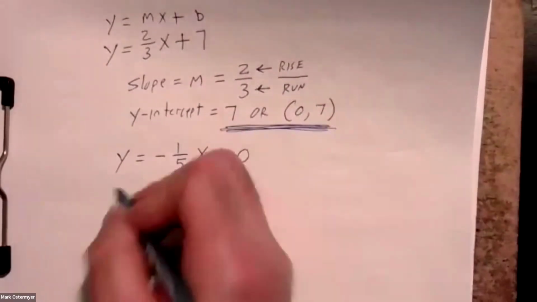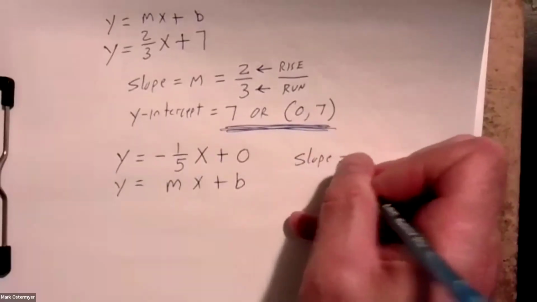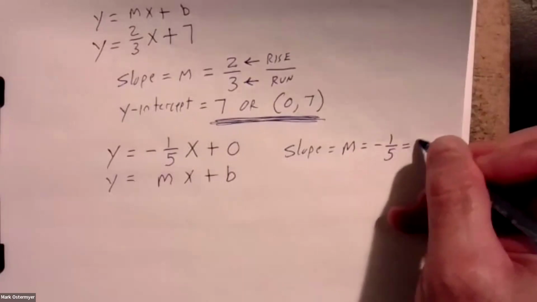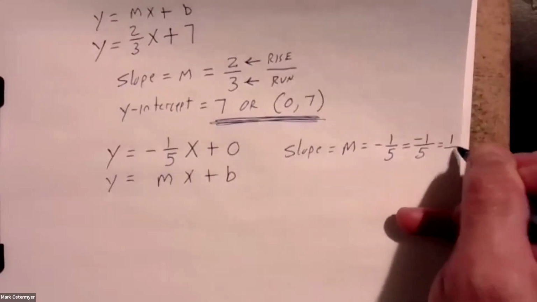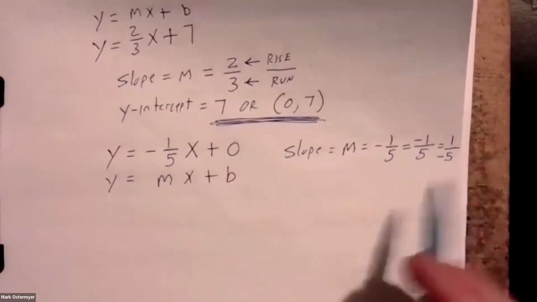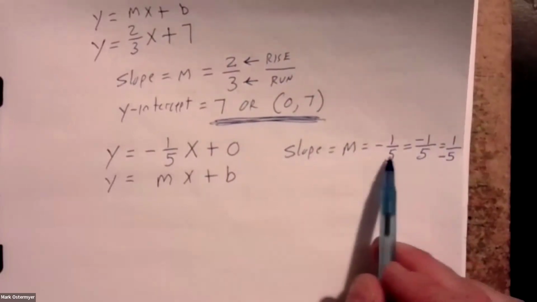Now is it in slope-intercept form? Yes, it is. What will be the slope of this line? -1/5. And do you agree that you could represent -1/5 like this, or you could represent it as -1/5 with the negative in the other place, or you could represent it as 1/(-5)? Aren't these all equivalent? They're all equal to each other. Do you agree?